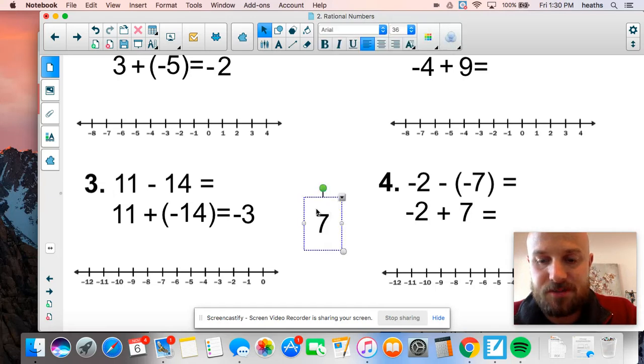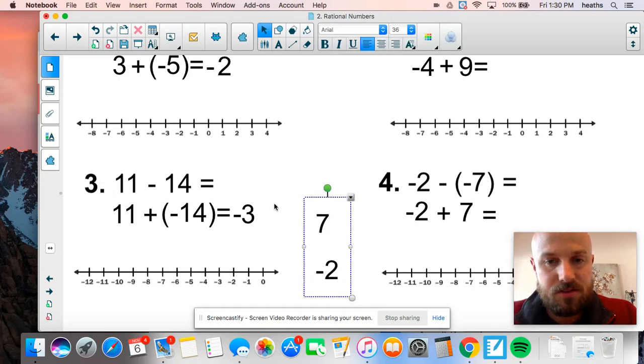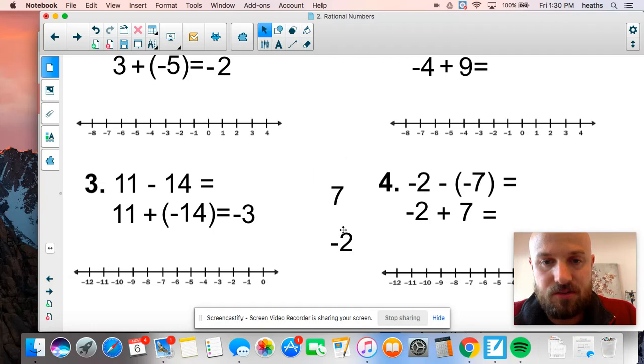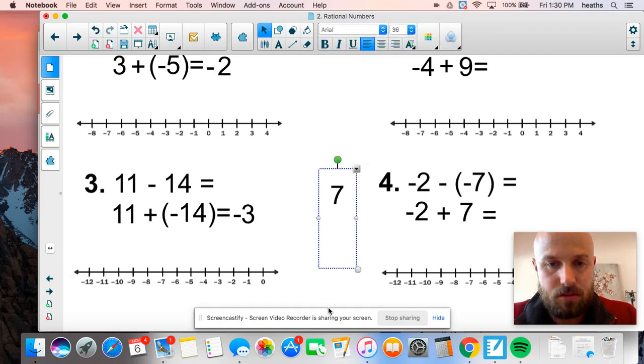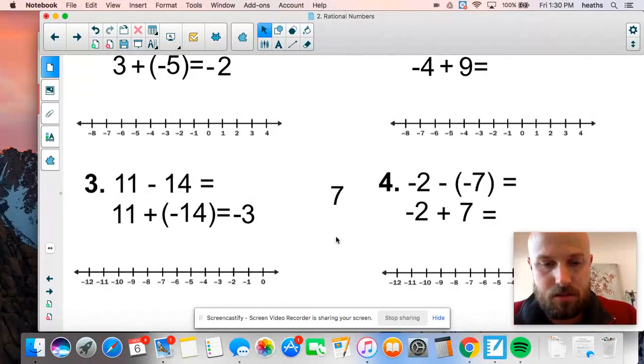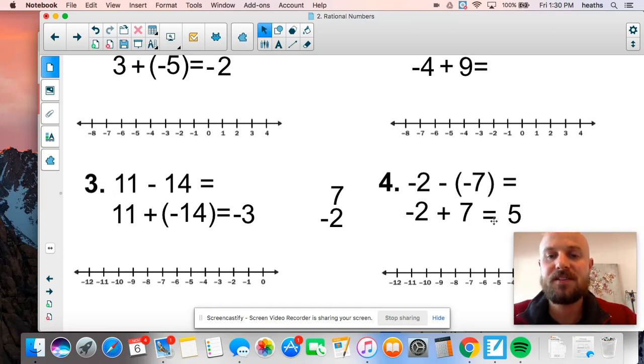So remember, our steps are going to be to subtract the absolute values, which 7 minus 2 is going to give us 5. And then I know that 7 is larger than 2, and 7 is positive, so our answer is going to be positive 5.